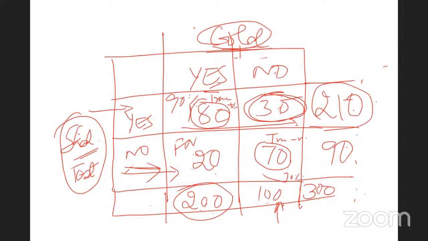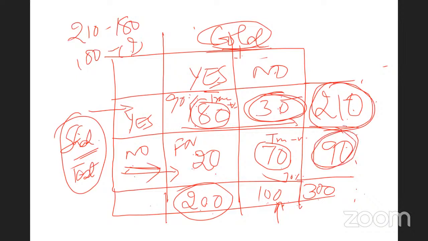Positive predictive value means if a test says you are positive, what is the likelihood that it is really positive? If the test says you are positive, out of 210, only 180 are positive. Then out of 100, how many will be positive? That is the positive predictive value of a test. Similarly, negative predictive value: out of 90 who are negative, what is the likelihood that they are really negative? So out of 90, 70 are really negative. What will it be out of 100? You find out the percentage.